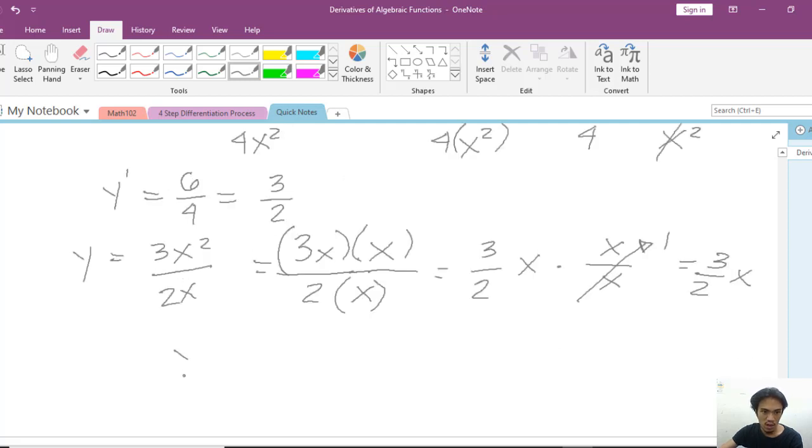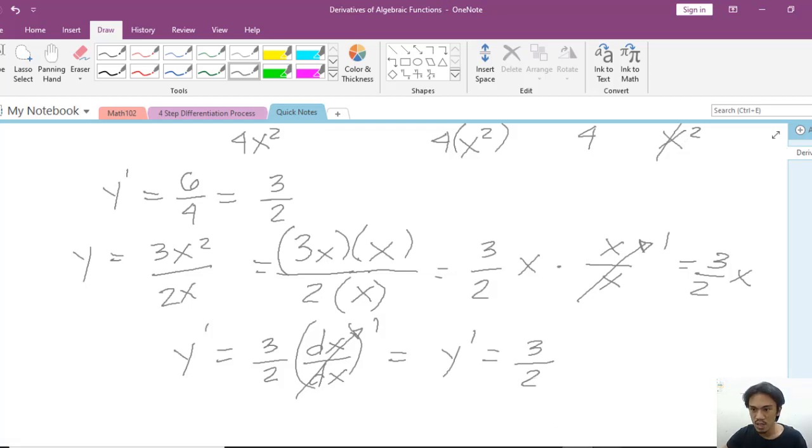You can now take y prime, and this is equal to, copy the constant or the coefficient times the derivative of x with respect to x, this is simply equal to 1. So you will have y prime equal to 3 over 2.